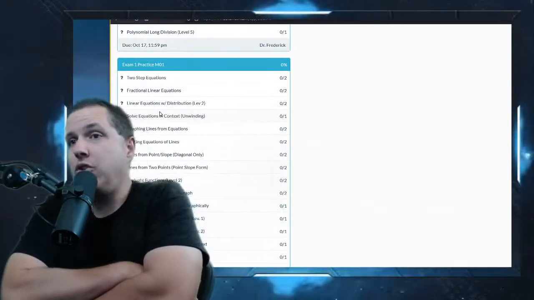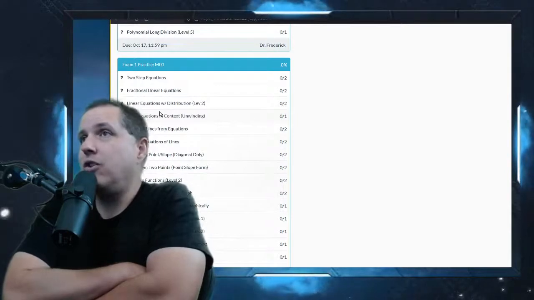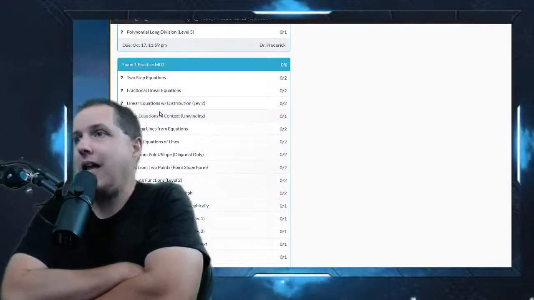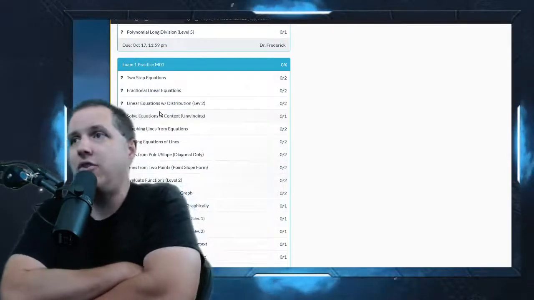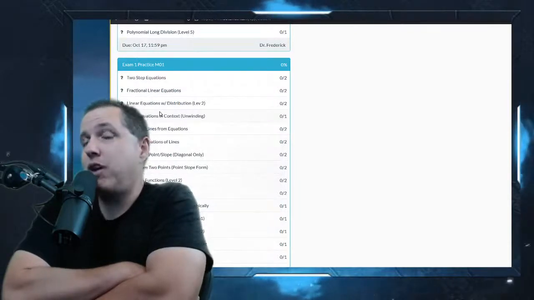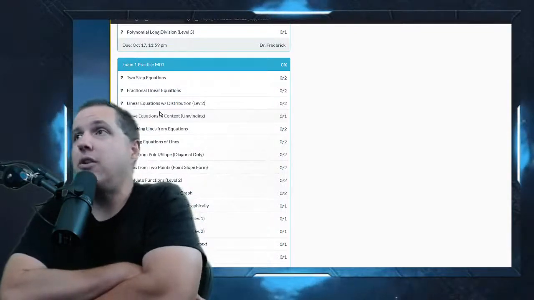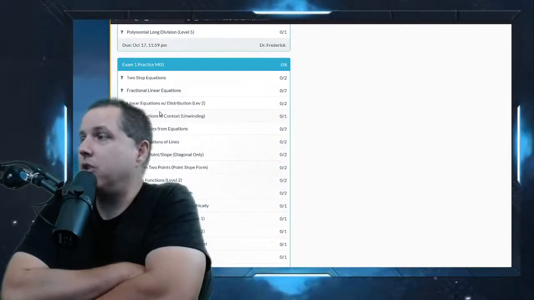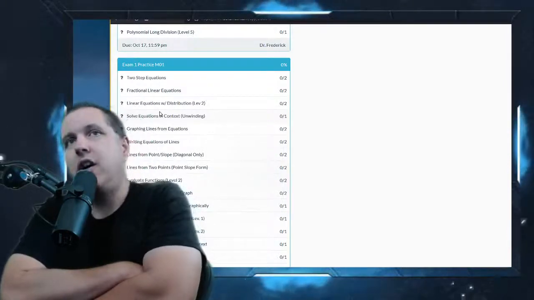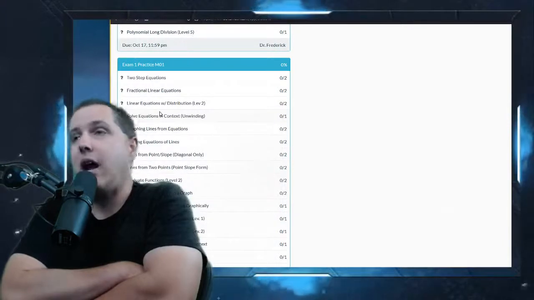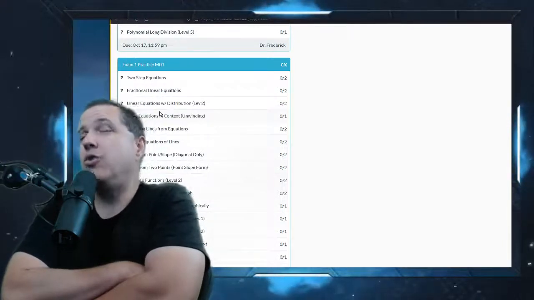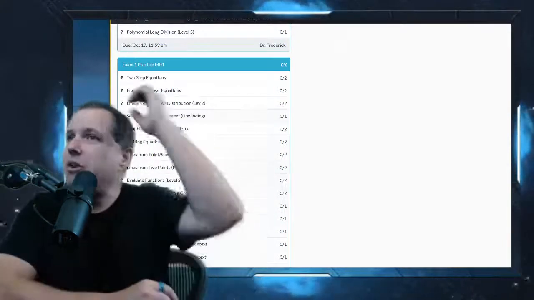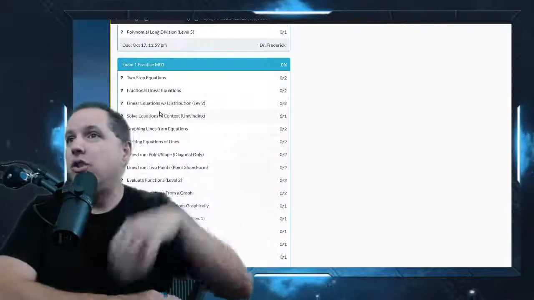But what you don't want to do is get so secure that you say, oh, he didn't ask this one problem on the practice test, so I don't have to learn how to do it, because I might switch out one problem and pick that one. So don't just memorize these problems. Go for understanding. Try to understand how the math is working so that you can do all of the problems, not just memorize that one that you were looking at, right?